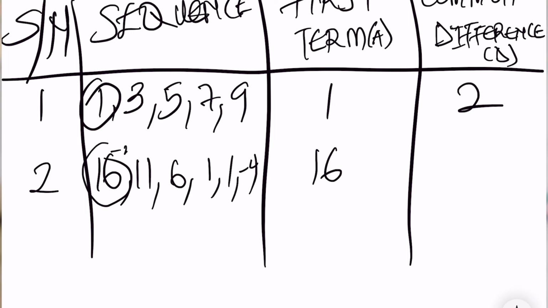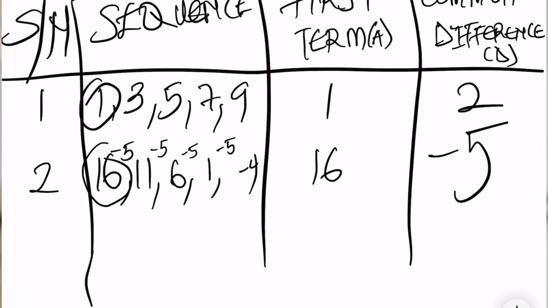So here is -5: 11 minus 16 is -5, 6 minus 11 is -5. Here is also -5. So the common difference is -5.